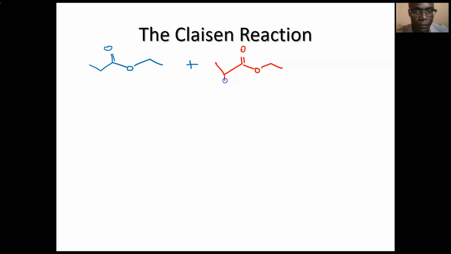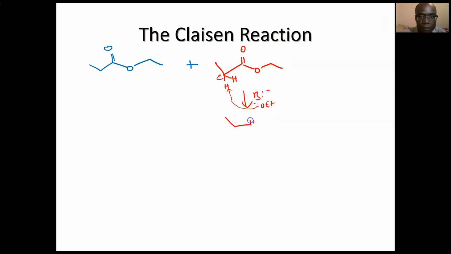So you have an alpha hydrogen here. I can use one of the alpha hydrogens to make a carbanion. If you add a base, for example OEt minus, like I said, we'll take that out and create a lone pair. I'm choosing OEt because I know I have an ethyl ester. If this was methyl ester, I'll use OMe minus.